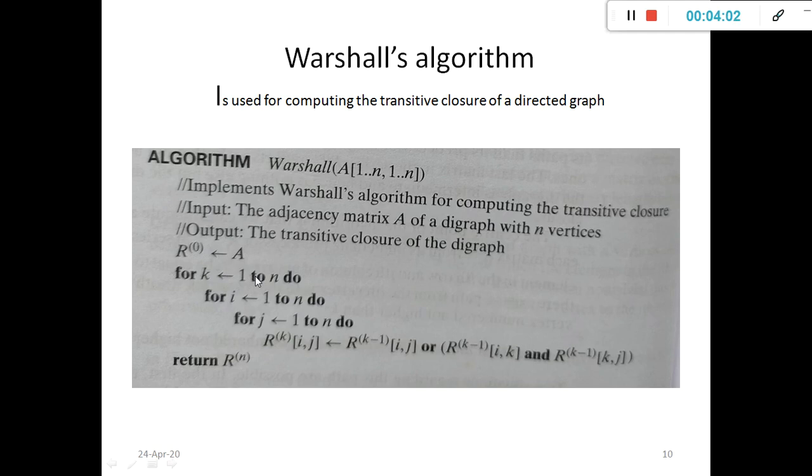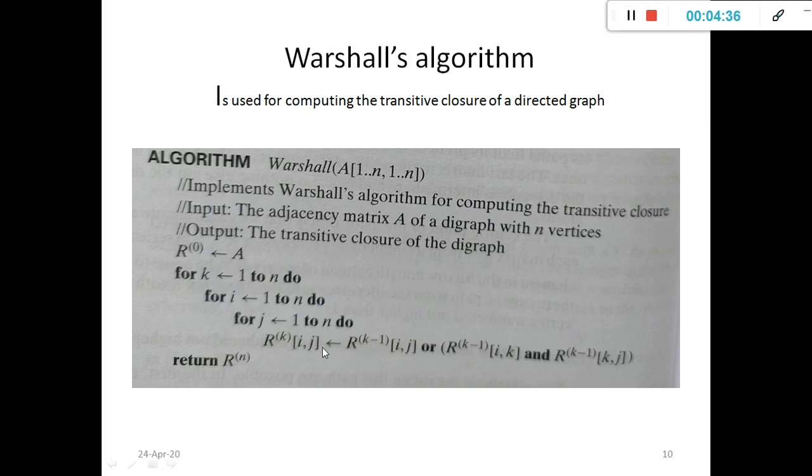Then for k equal to 1 to n, for i equal to 1 to n, and for j equal to 1 to n, you have to find the path in the resultant matrix Rk of ij, that is the path from i to j in the next transitive closure. If there is a direct path from i to j in the previous adjacency matrix, then you can directly choose the value 1.